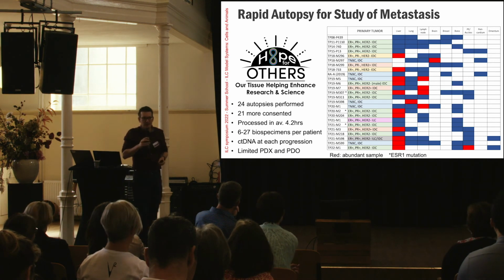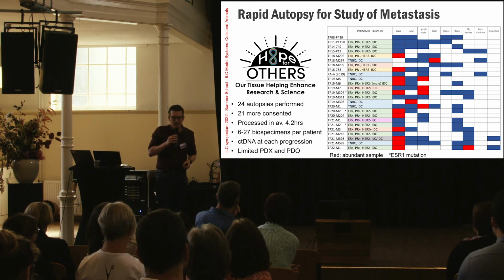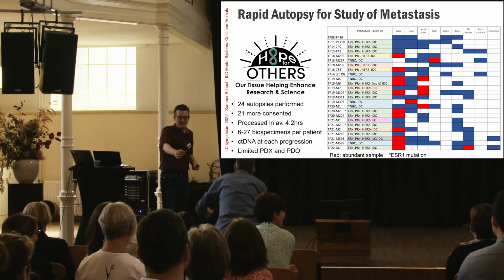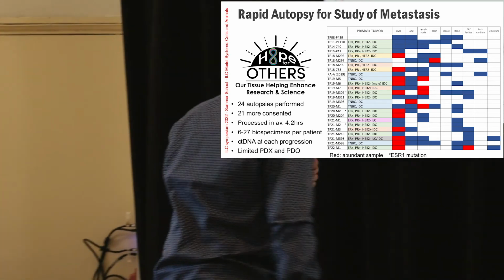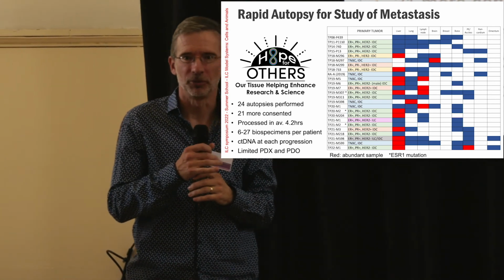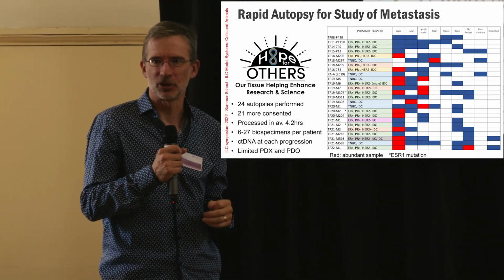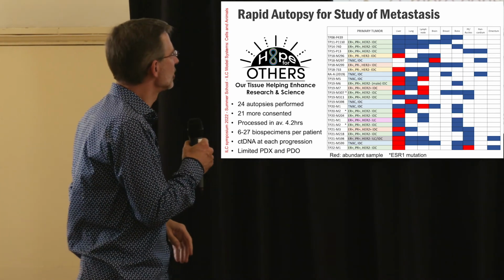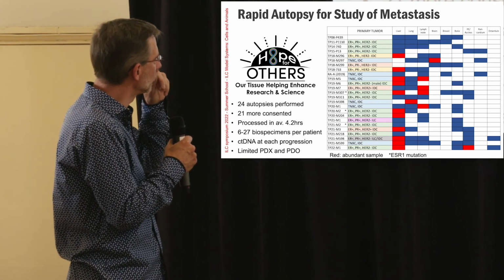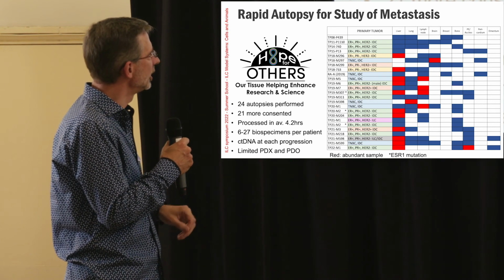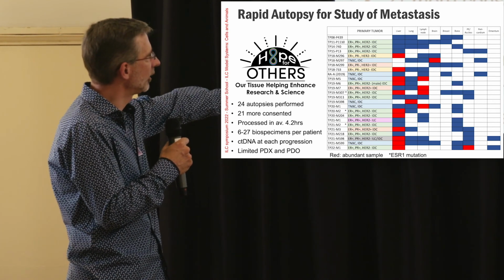I don't know if you want to mention something on that. Yeah, I can quickly say, I think this is really important. We need to study the tissue, and it's very hard, as everyone knows, to get tissue to do our modeling research. And so this is an example of 24 autopsies that we've just recently done. You can see the subtypes there.